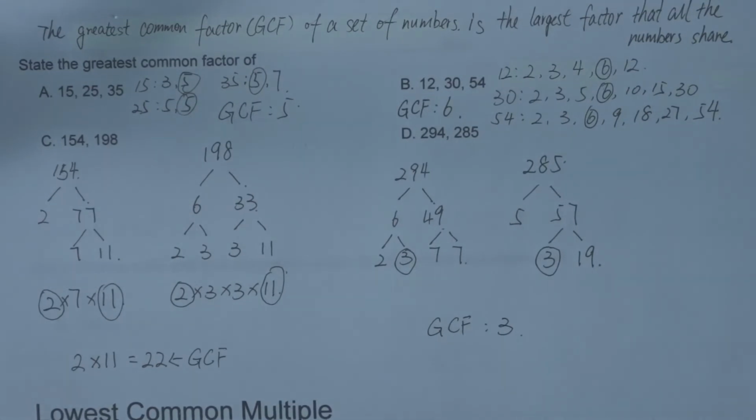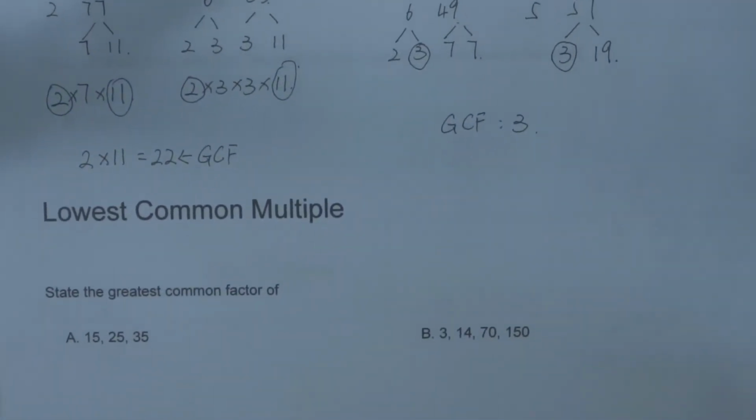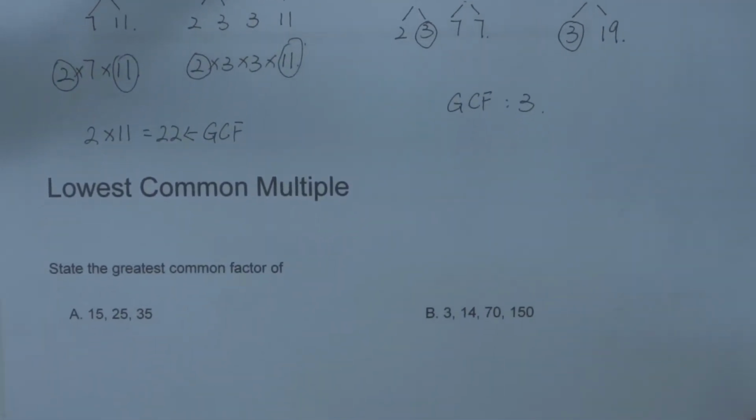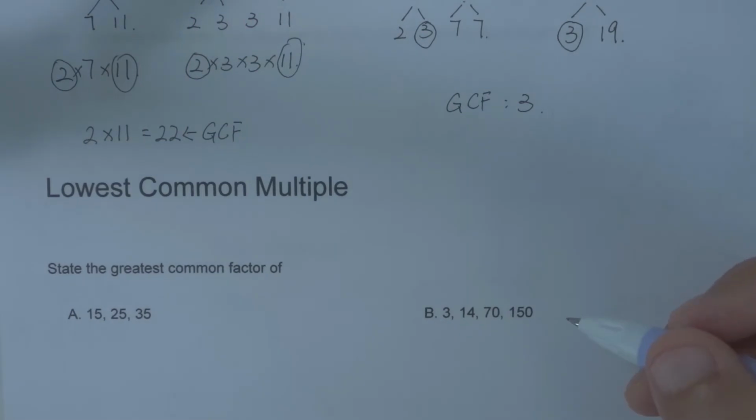Okay? Now let's move to the next part, lowest common multiples. The lowest common multiple is the smallest positive integer that is evenly divisible by the set of numbers.